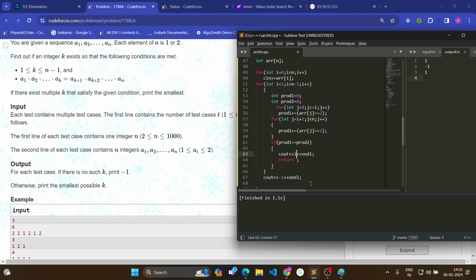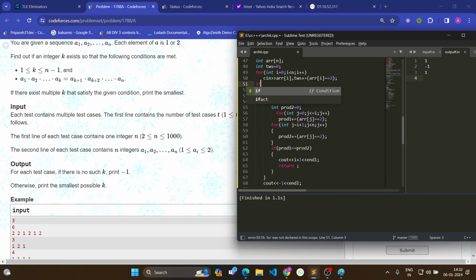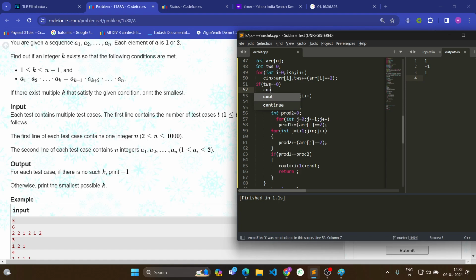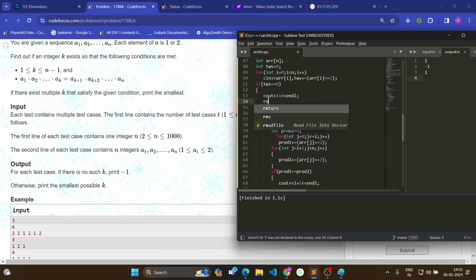2's. plus equals to arr[i] is equals to 2, if 0 answer is, and then I can return.